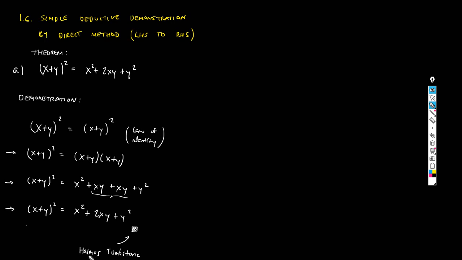Halmos was a mathematician in the 20s, I believe, from Hungary, I believe. I'm not 100% sure. And this guy invented this symbol in order to symbolize the end of a demonstration. So basically, this is the end of a demonstration. It's a little square, black. It's a black square, but of course, I need to use white in this case. And that's it. That's how it works, guys. This is the complete demonstration of this theorem.